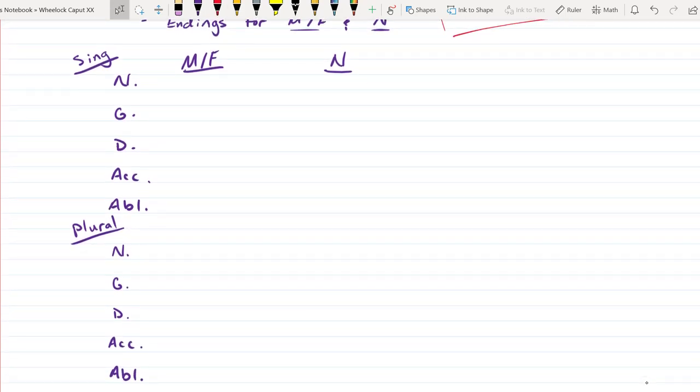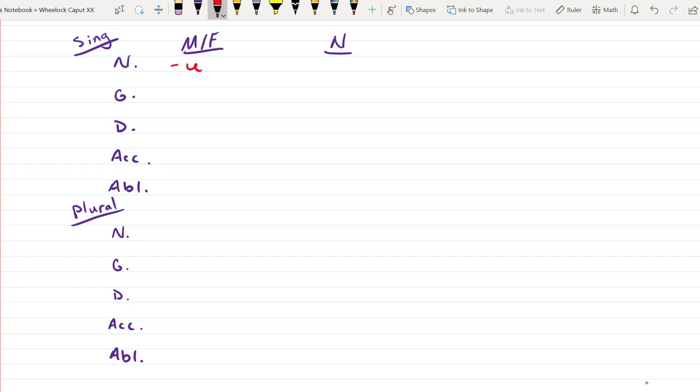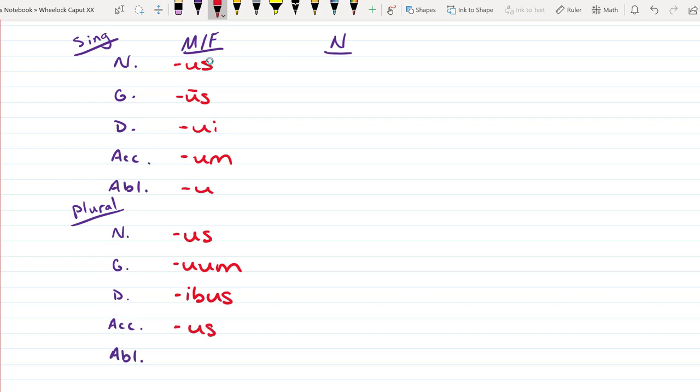So for fourth declension, nominative is US, genitive US, technically a long US, dative is UI, accusative UM, ablative U, nominative plural US, genitive UUM, dative ibus, accusative plural US, and ablative ibus.